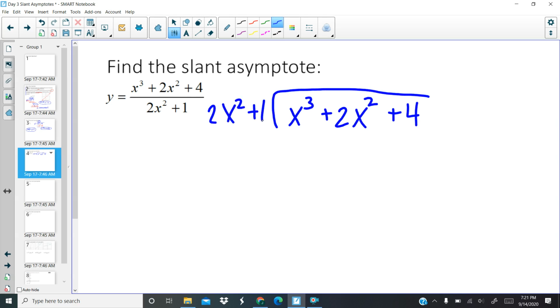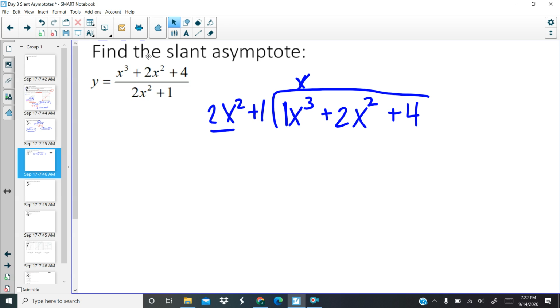So the first thing that I need to do is see how many times does 2x squared go into x cubed, which looks kind of weird because you're asking how many times a 2 goes into a 1. But what you're looking at is how many times do you have to multiply 2x squared to get x cubed. So you know there's going to be an x pretty much automatically. And then if you ask, what do you have to multiply the 2 by to get the 1x cubed, it's going to be just 1/2.